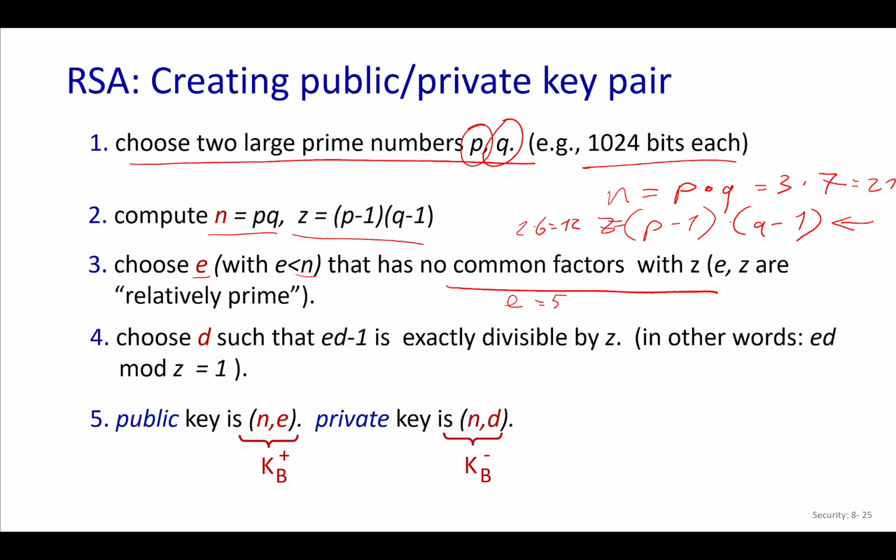And now we have to select the d in a way that e d mod z equals 1. So we need to compute something, mod 12 equals 1. That means 5 times something mod 12 equals 1. In this case, we have 5, 10, 15, 20, 25, then 35.